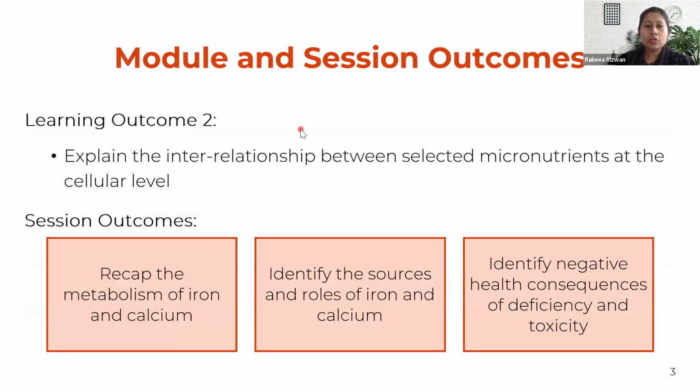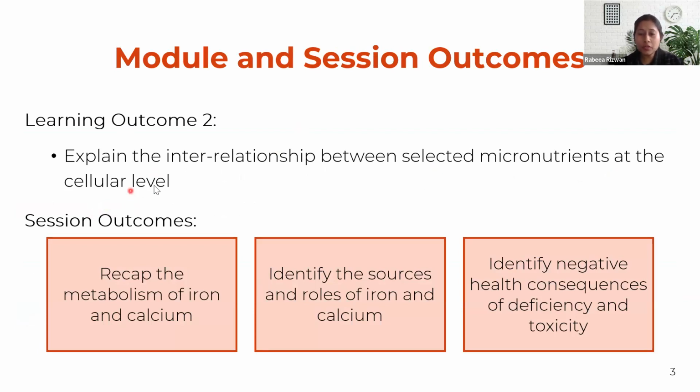Now today in this module, you are going to study learning outcome 2, which you can also see in your handbook. This learning objective that you are going to unpack today is to explain the interrelationship between selected macronutrients at the cellular level.